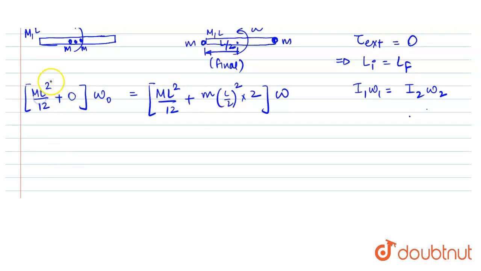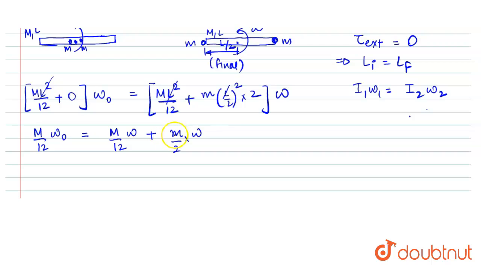So now L square will get cancelled out, so what will remain is M by 12 omega naught equals M by 12 omega plus, this is 2m by 4, so that would be m by 2 into omega, right?